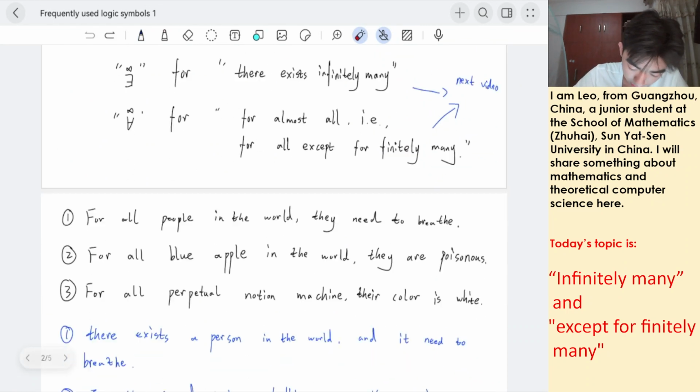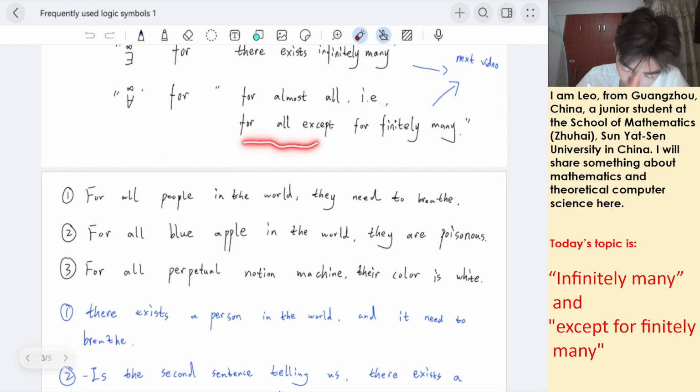And let's consider this one, that is, for all except for finitely many.